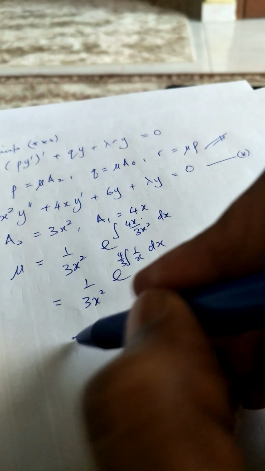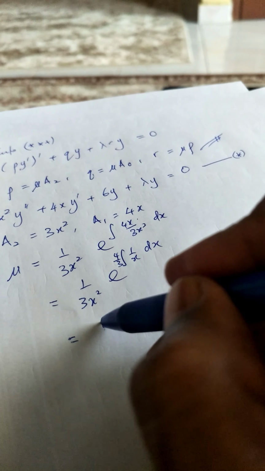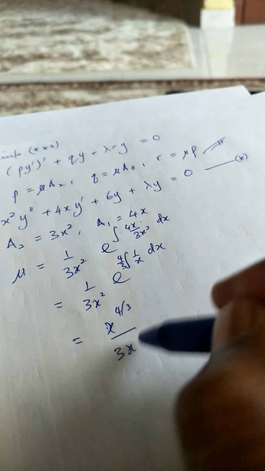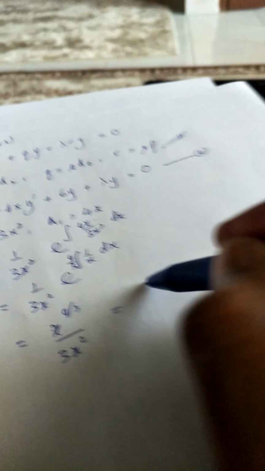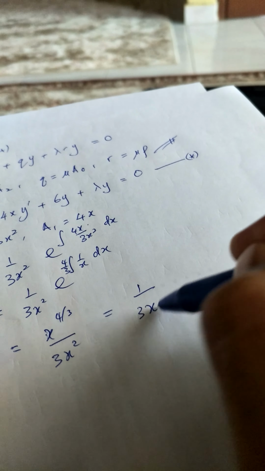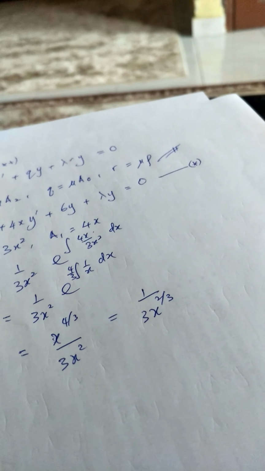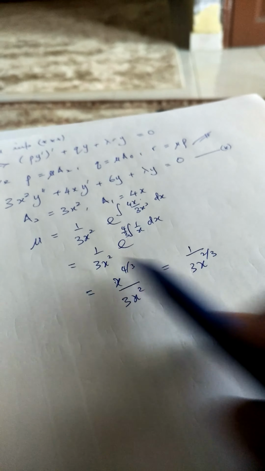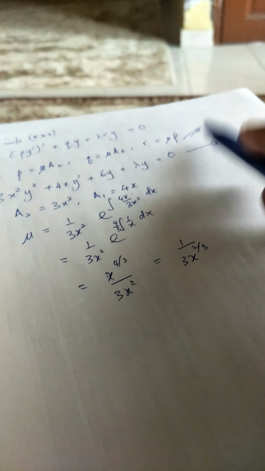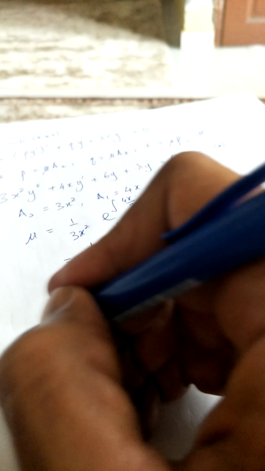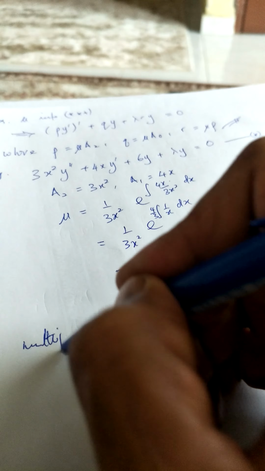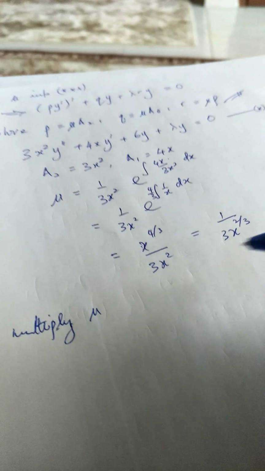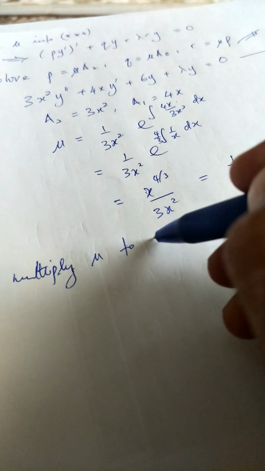So this is x to the 4 over 3 over 3x squared, which you can write as 1 over 3 x to the 2 over 3. Now we multiply this nu into the star.